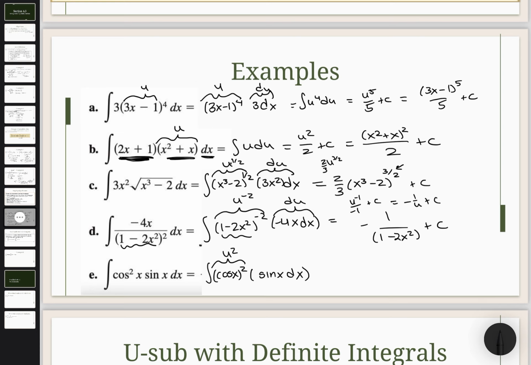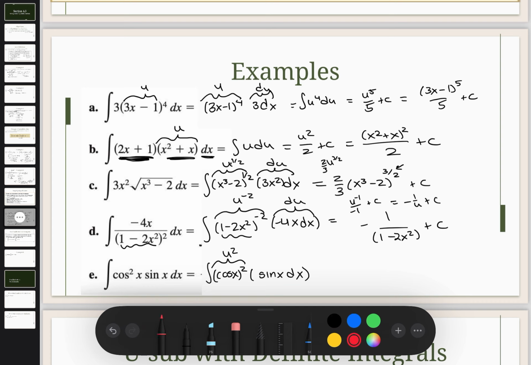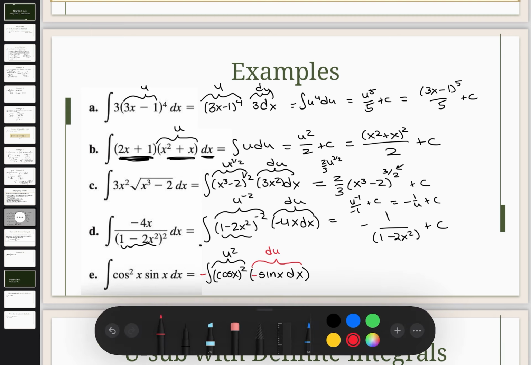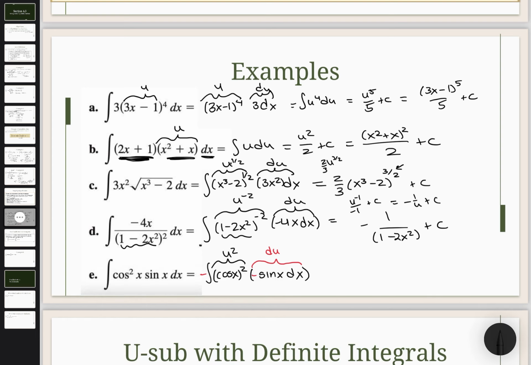What I'm going to do here is I'm going to multiply by negative 1 twice. So negative, negative. That is the equivalent, right? If I have a negative times a negative, it's back to the positive. Now, though, that lets this whole part be equal to du. So I just have this negative out front. That's okay. That's allowed, right? Negative times negative equals a positive. So this is going to become negative cosine x cubed over 3 plus c. And I can rewrite that a little nicer.